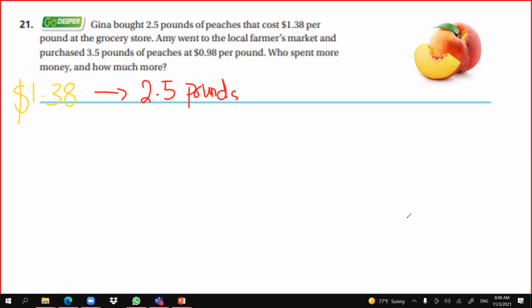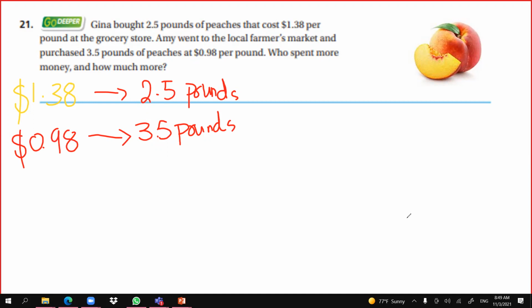Now, Amy goes to another market, a local farmer market, and she purchased 3.5 pounds. When she asked, they told her that each pound costs $0.98.